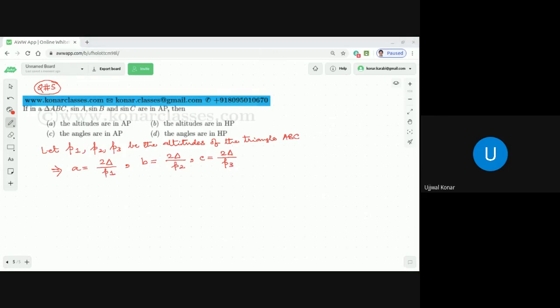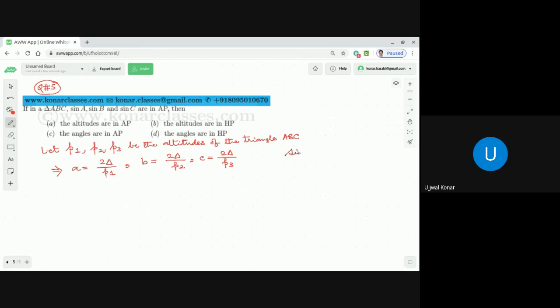Now, as it is given that sine A, sine B, sine C are in arithmetic progression, what can we write?